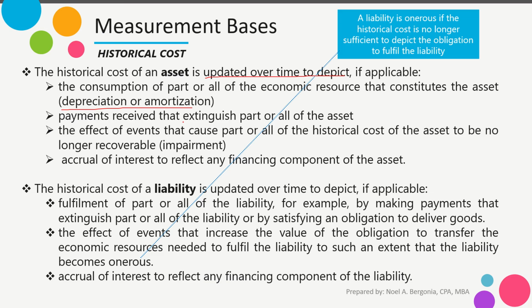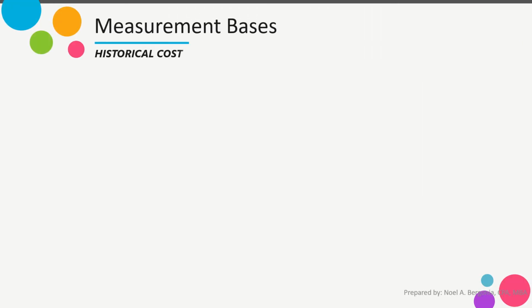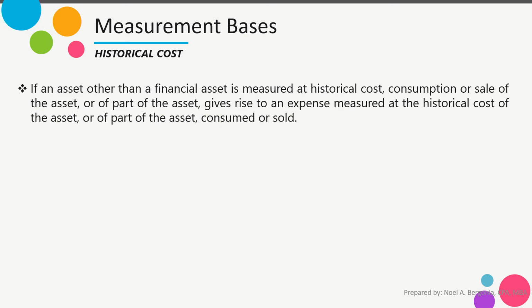So the next measurement basis, as mentioned to you kanina, is all about the, oh, sorry, I still have historical cost pala. Ayan. So, in addition, no, nabanggit na rin to kanina actually, no, kapag nagkaroon tayo ng consumption, okay, or nabenta na natin, of course, it will gives rise to an expense. So, kanina, di ba, when we consume the asset, no, let's say yung supplies na example ko, as we consume it, there would be a supplies expense, of course, no, with regards to that asset.